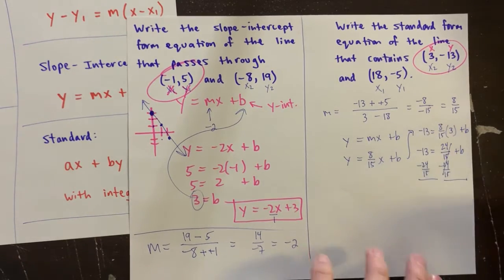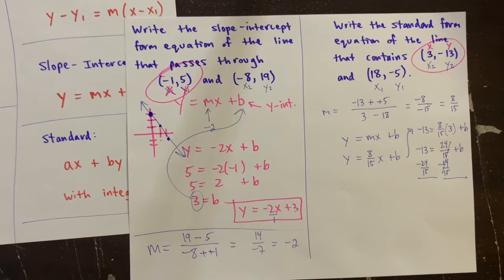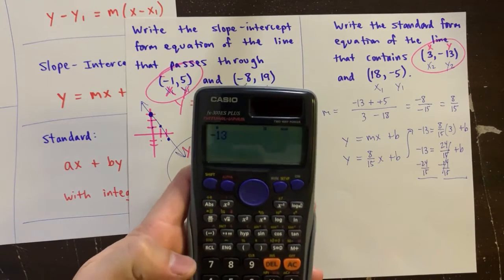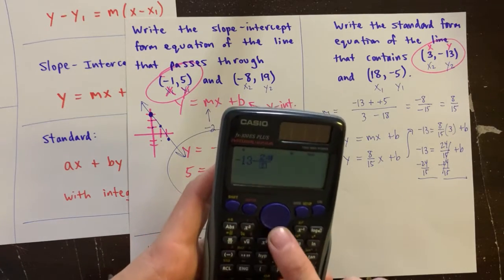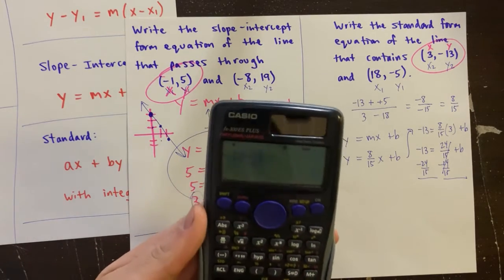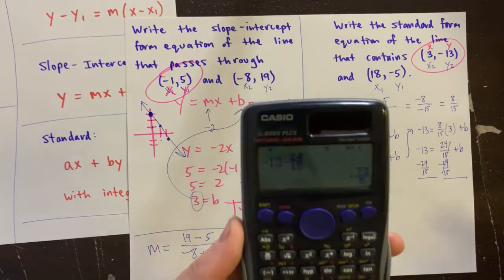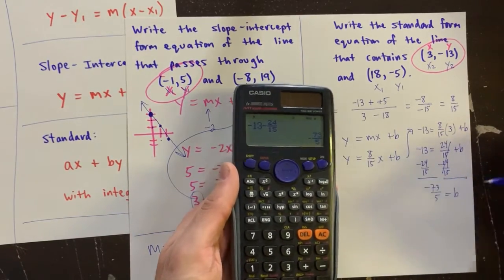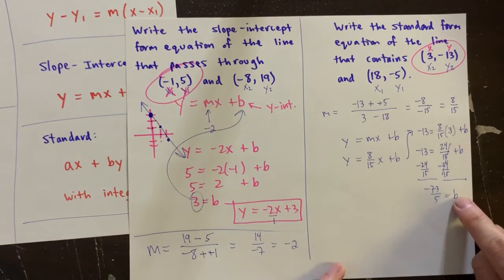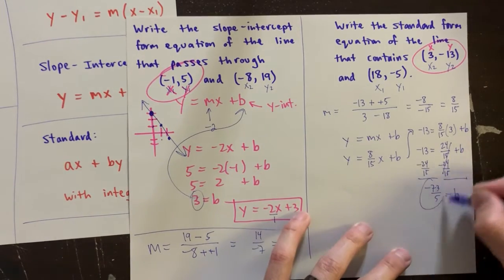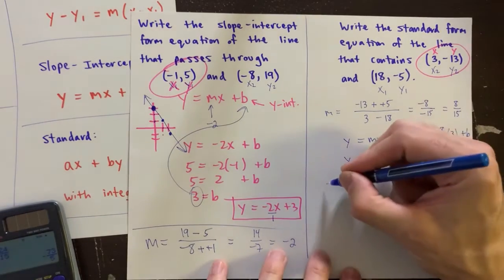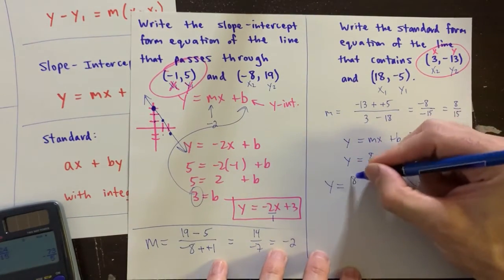These are gone. And let's see what that would be on a calculator. You guys should absolutely bust out your devices. Let it do all the arithmetic for you. You really should. It says negative 73 over 5. And so we've discovered that our y-intercept b is this strange number here, this fraction. And so that goes in for b. And so it looks like our equation looks like this so far.